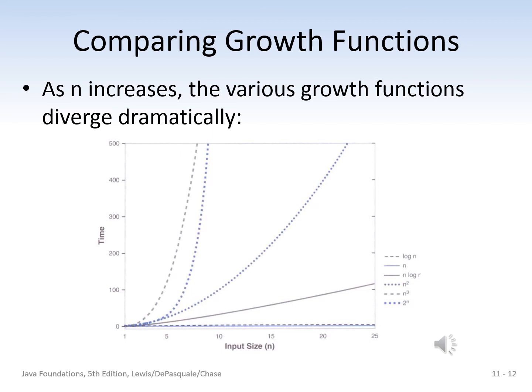Let's take a look at two graphs comparing growth functions. In this one, we have a relatively small input size of n. And you can see already as n increases, the various growth functions diverge dramatically based upon their big O notation. And as the power of n increases, or you introduce logarithmic functions, things change dramatically.